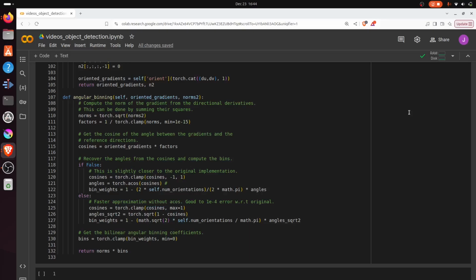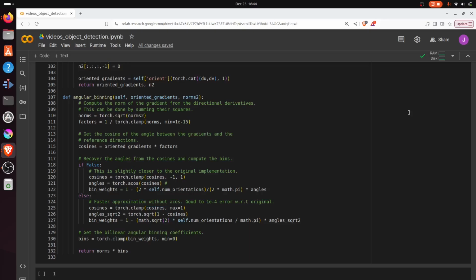So for example, say we had a 30-degree gradient, then after passing through this angular binning function, the magnitude of this particular gradient would be distributed smoothly between its closest neighbors.